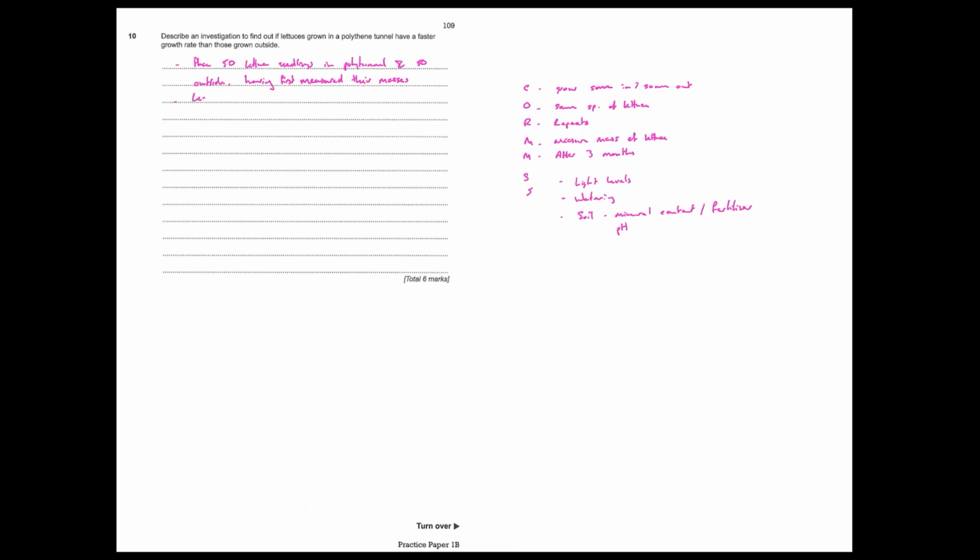Then we're going to leave for 3 months, ensuring that both sets receive equal watering, fertilizer, light, and are grown in the same soil.